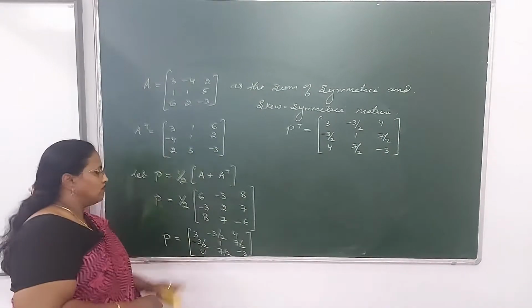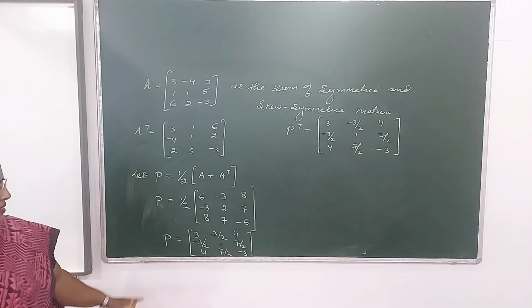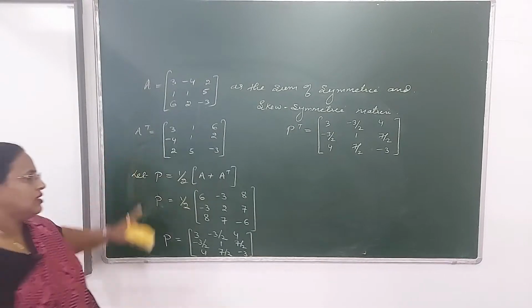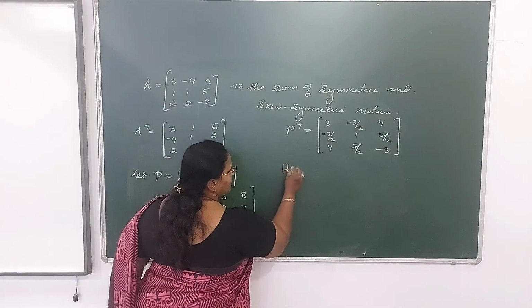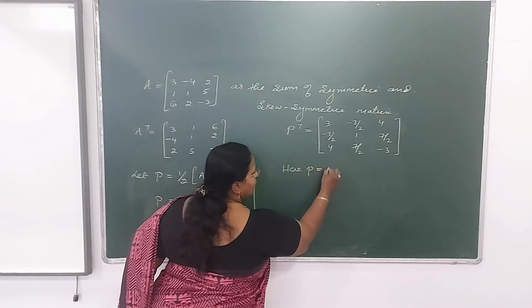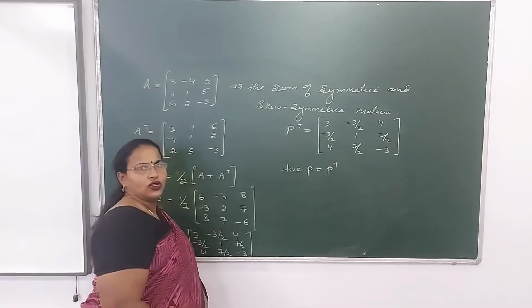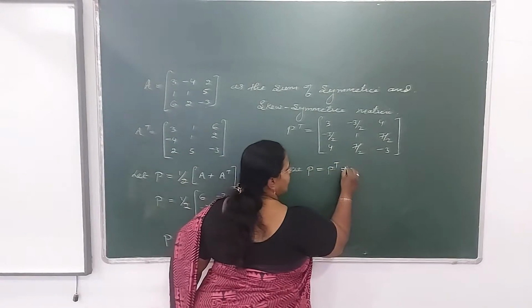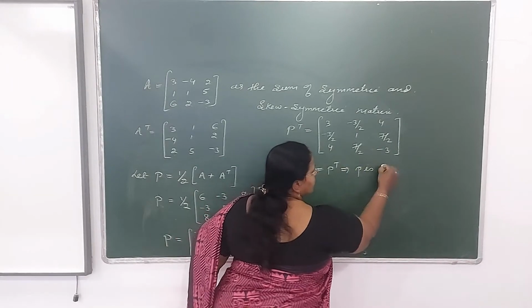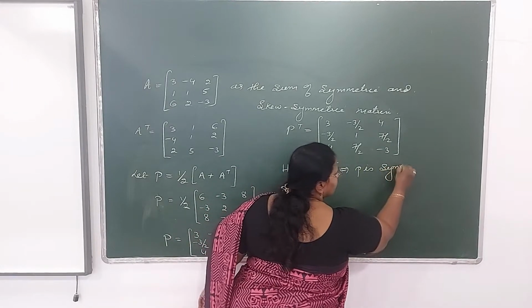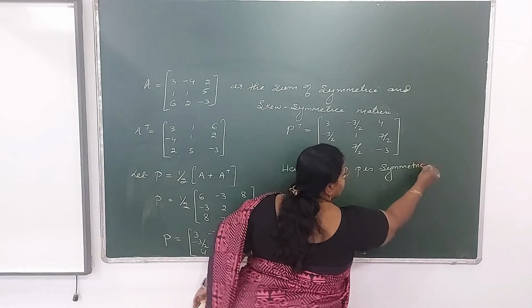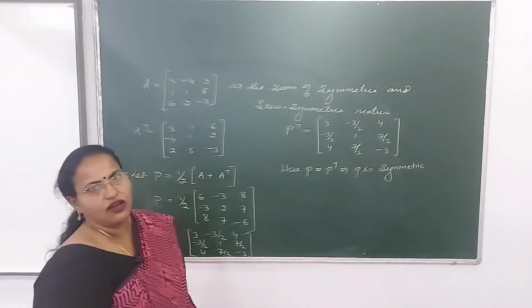Now check the two. Are they equal? Yes, they are equal. So here you will write down, P is equal to P transpose, which gives the confirmation that P is symmetric. So half of the part is done.